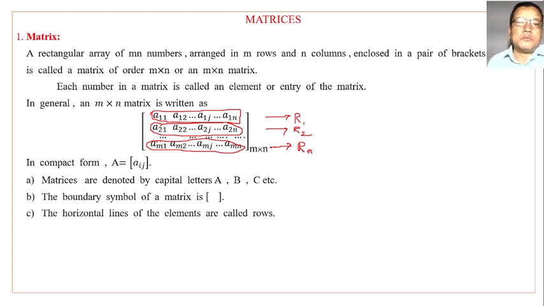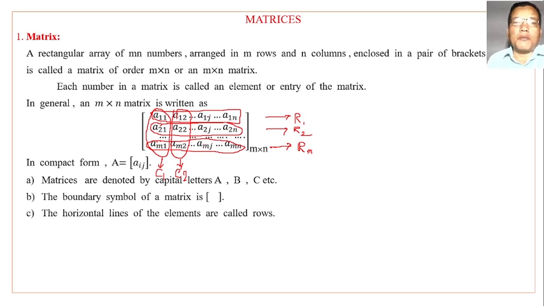Then the vertical lines: this is the first column, capital C1. This is the second column, C2.